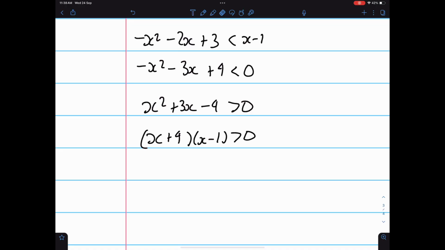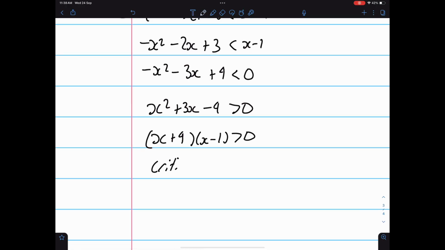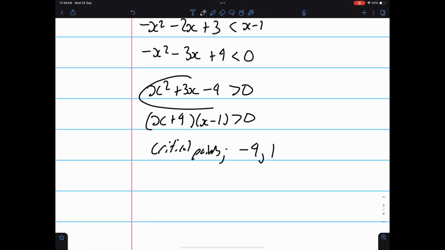Critical points, I should say. And remember, we're trying to go, for this one, greater than, so x is greater than 1, or x is less than minus 4.